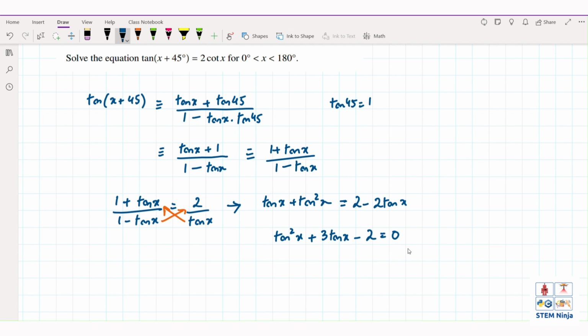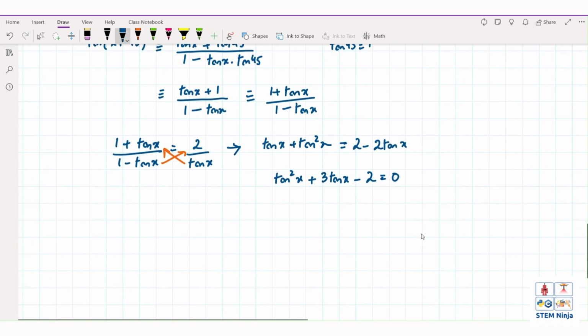Now this is a quadratic equation in tan. So what we need to do is find solutions for this. I'll use a different variable for that: a squared minus 2 and 3, positive 3.